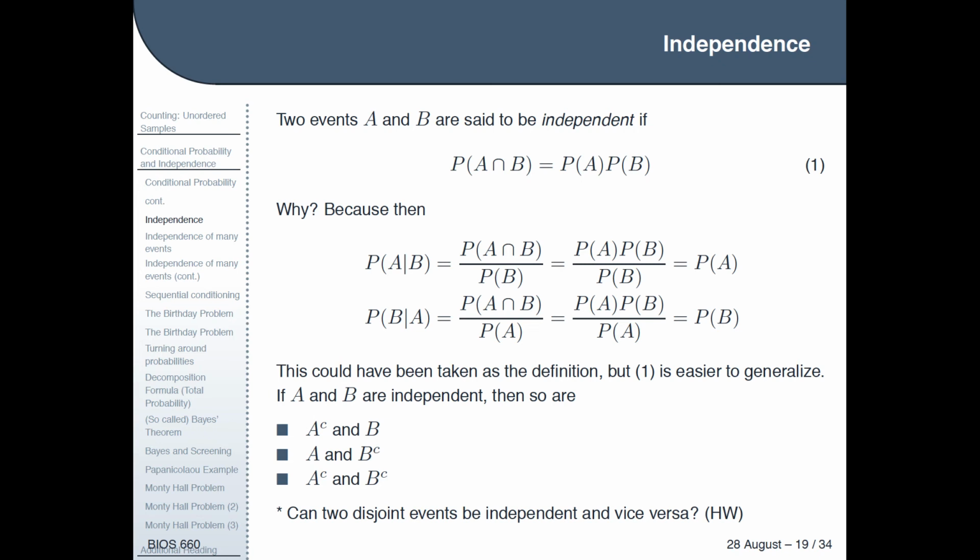And this probably agrees with our intuition of what an independent event means. That means that given that you know that a certain event happened, it doesn't give you any information at all about the following event.